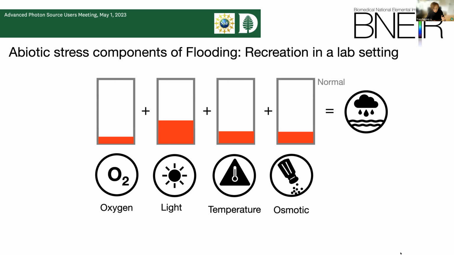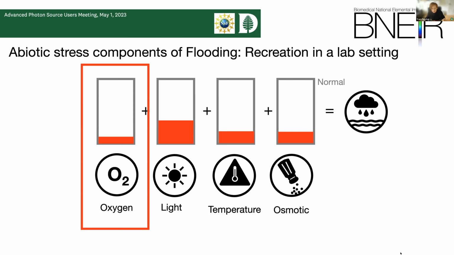So we have to focus on one or other of these and then build up a scenario where we eventually look at how each of these stresses affects the plant's ability to deal with stress and the genes that are involved and the transporters that are involved. So what Kendall and I and Hormat have done is we've focused on oxygen as a stressor.